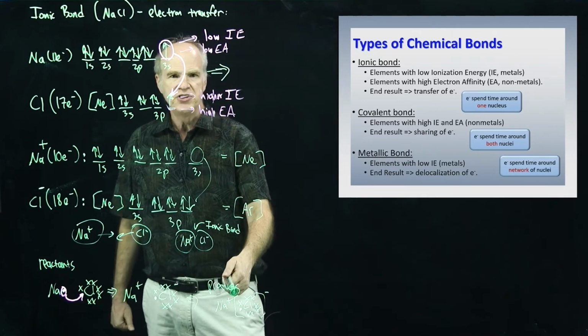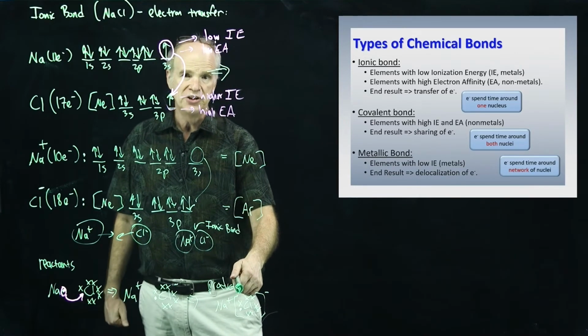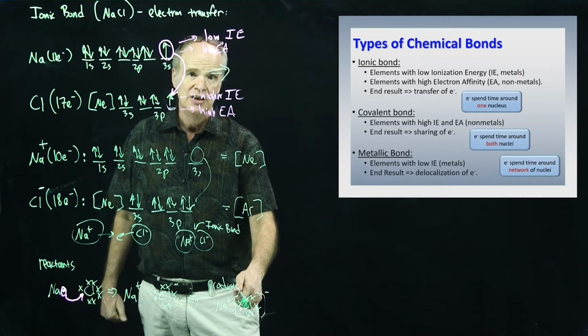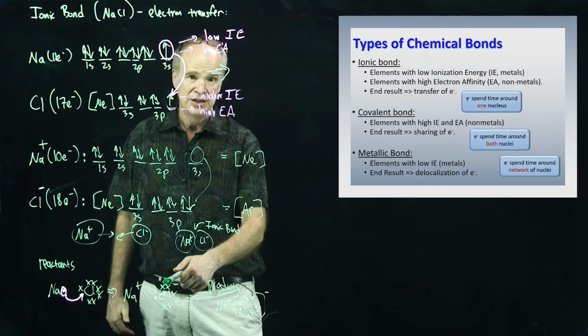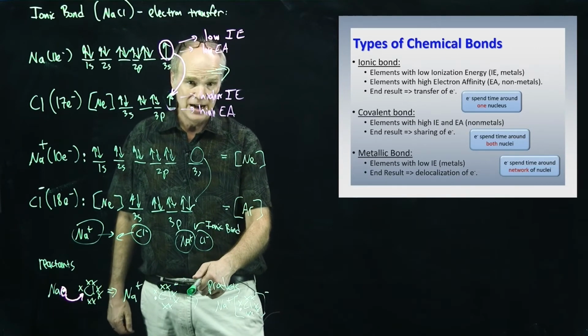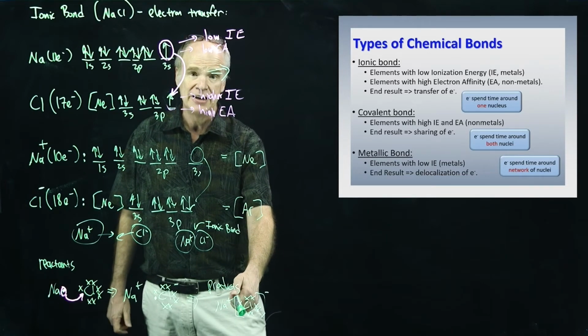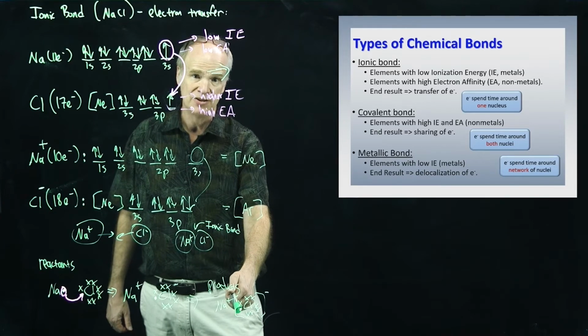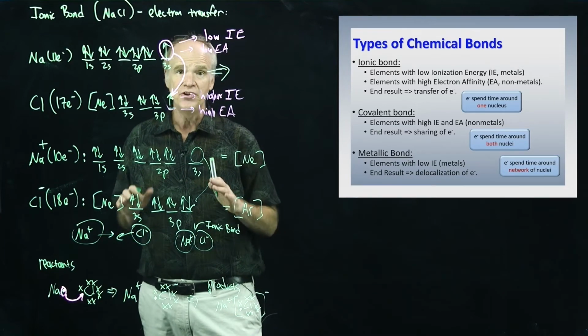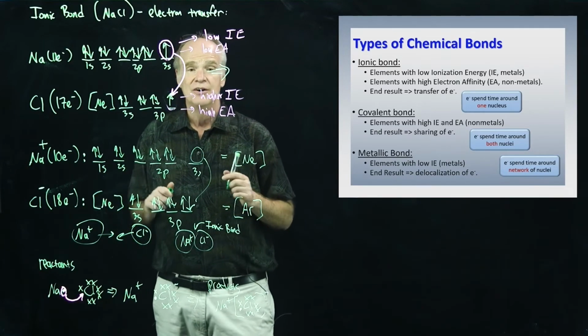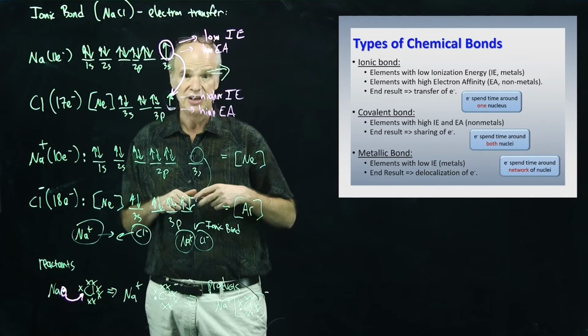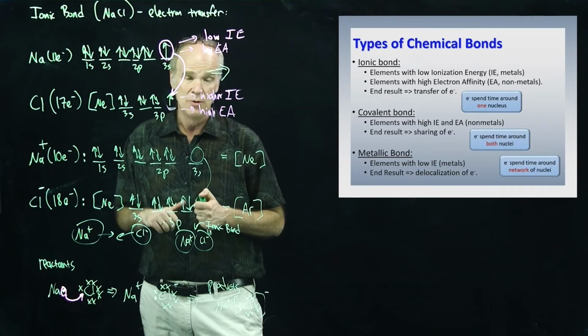And so this is just a simplified description using Lewis dot structures of how sodium becomes an ion and chloride becomes an ion, and they bind together as ions to form an ionic bond between the sodium ion and the chloride ion.